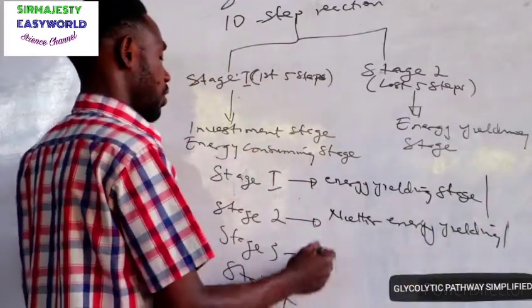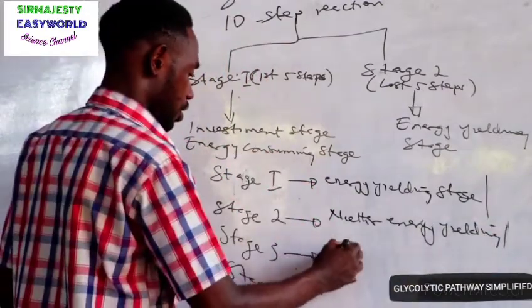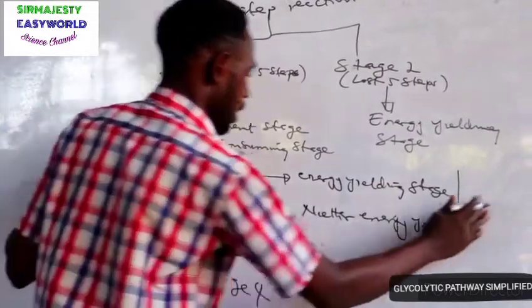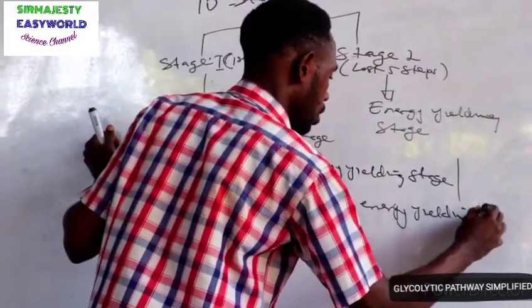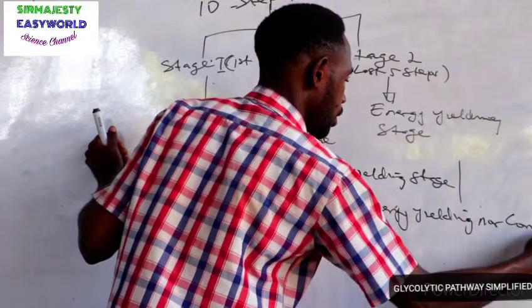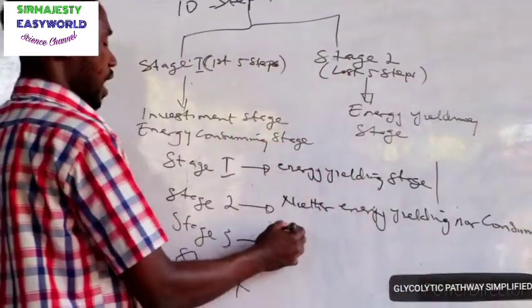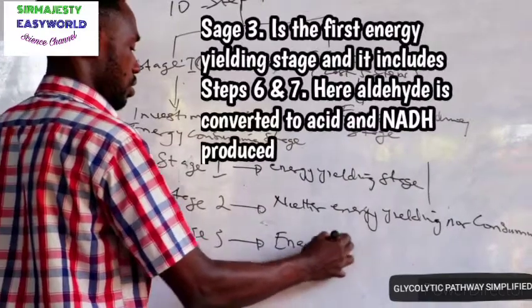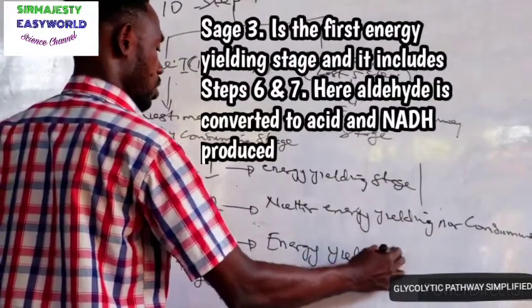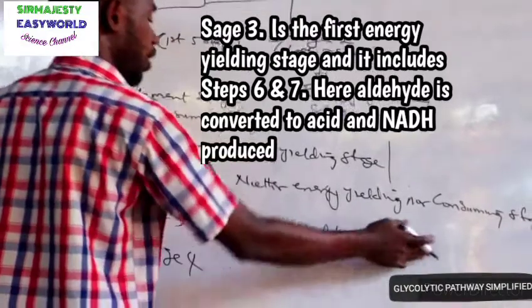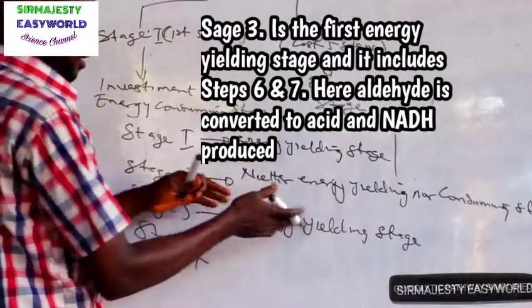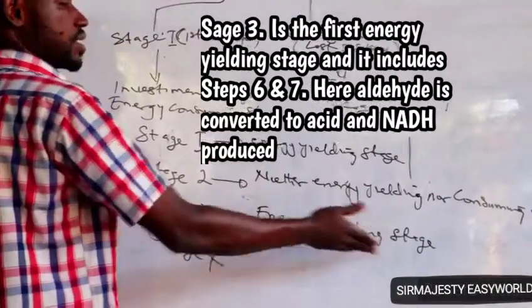Then the stage 3 is actually the energy yielding stage, with the conversion of the glyceraldehyde to an acid.